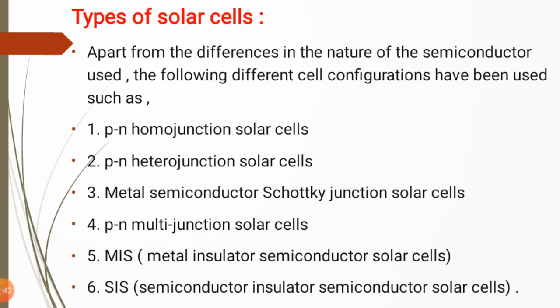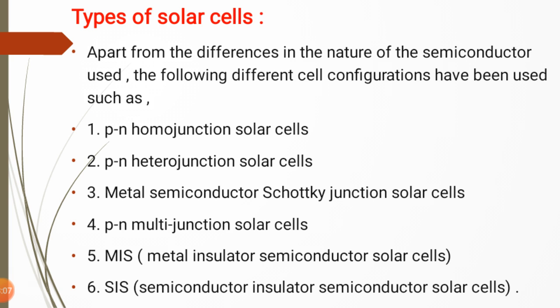And the third one is the metal semiconductor Schottky junction, that means there is a semiconductor material and another is a metal, and we know that when metal and semiconductor contact each other, there is a formation of a Schottky junction.